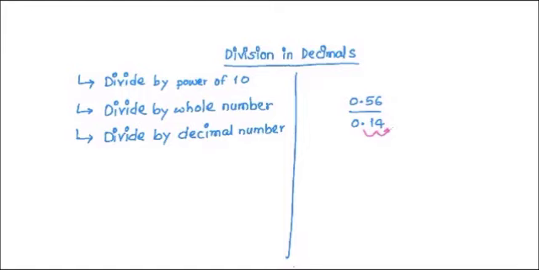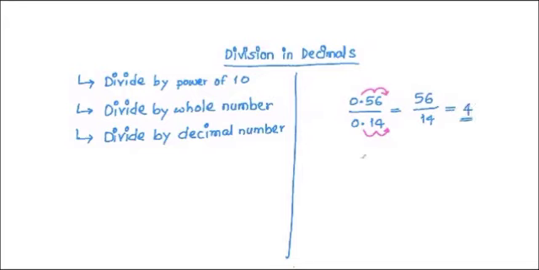So I move the decimal point 2 places to the right to get 14, but I have to move the numerator decimal also 2 places to the right. So I get 56 upon 14, and 56 upon 14 is 4. There are no decimal points involved here, so the answer is 4.